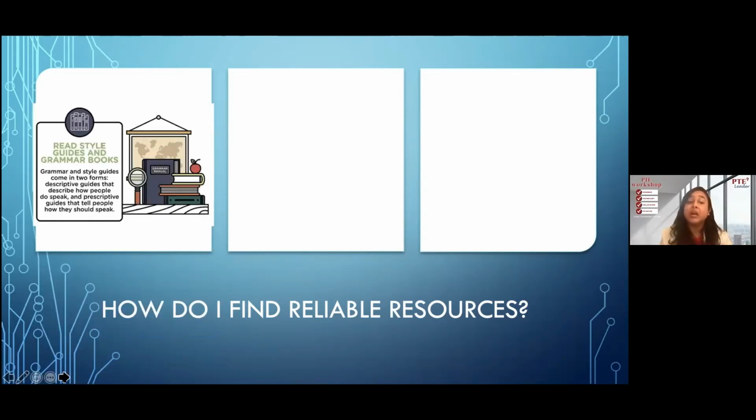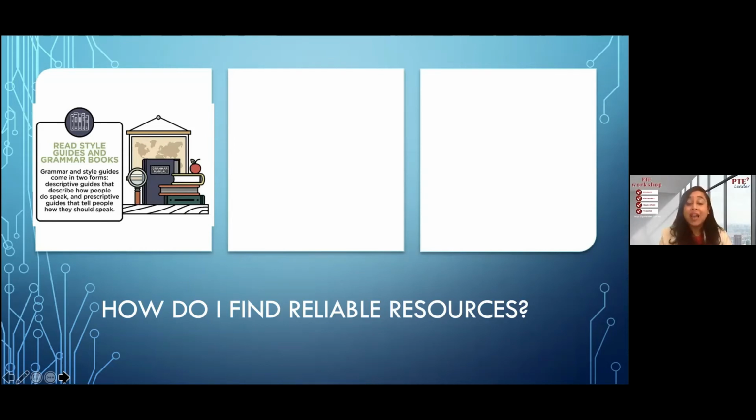Read style guides and grammar books. If you are a person who learns better from hard copy books, not soft copy ones, in shops, obviously, you're going to find some authentic grammar books. Follow those things. And also you can download style guides from websites. So what is a style guide? A style guide is a descriptive guide where they talk about how native speakers speak, how you should be speaking or interacting with other people, and also how native speakers usually speak.